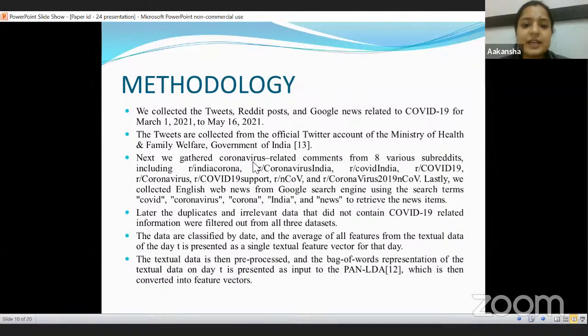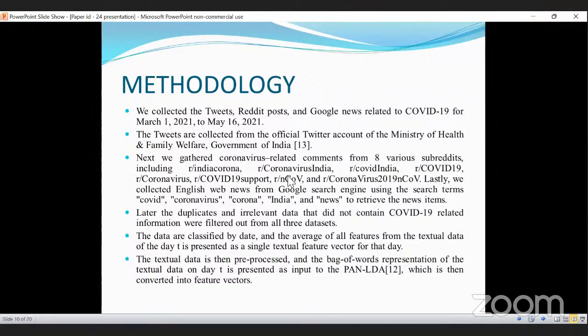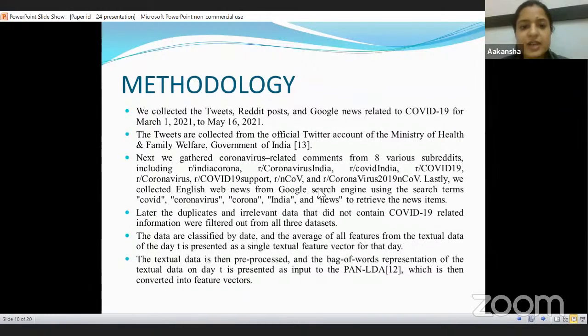Next, we have collected the Reddit posts from eight various subreddits that are shown on the screen. And later, we have collected the news from the Google search engine using the search terms COVID, coronavirus, Corona, India, and news. Okay, these were the three sources that we have used to collect the textual data.